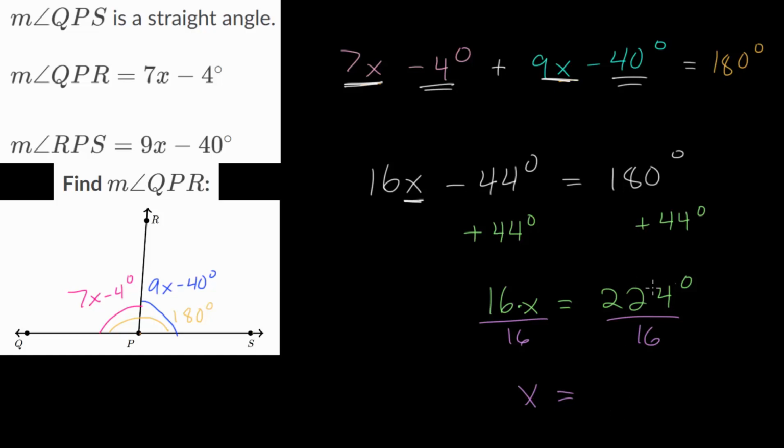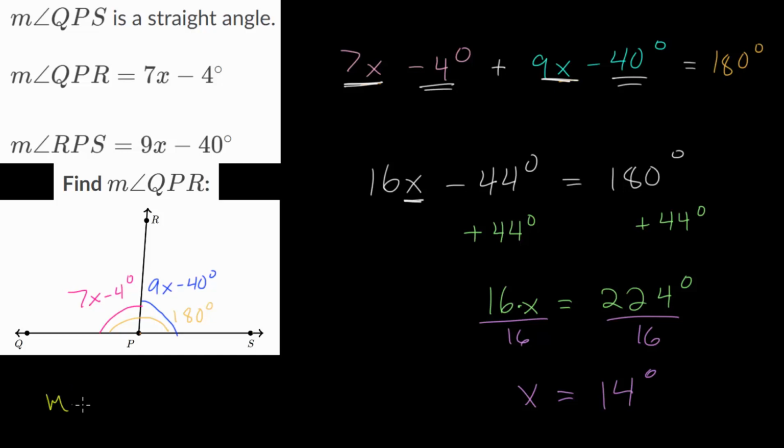And 16 goes into 22 one time. And we have a remainder of 6. And 16 goes into 64 4 times. So x would just be 14. And technically 14 degrees.